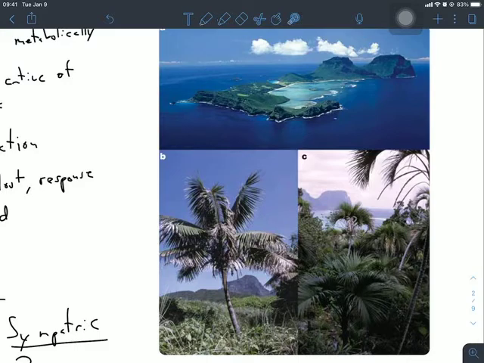And you guessed it, it is between these palm species on Lord Howe Island, and we will be reading the article published about this case in this class.